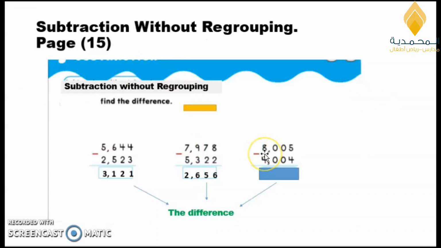Look, we have here 8,005 minus 4,004. Okay, let's do it together. 5 minus 4 is, good job. 0 minus 0 is, excellent. 0 minus 0 is, 8 minus 4 is, excellent.